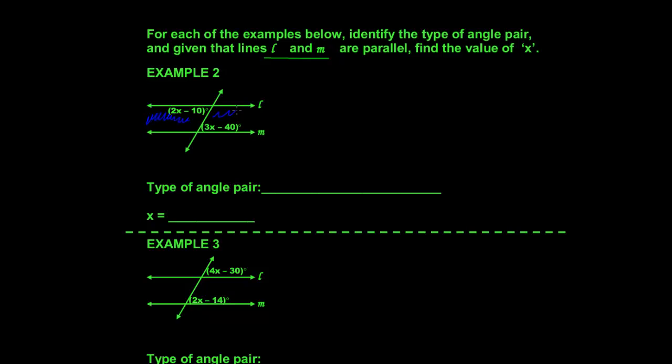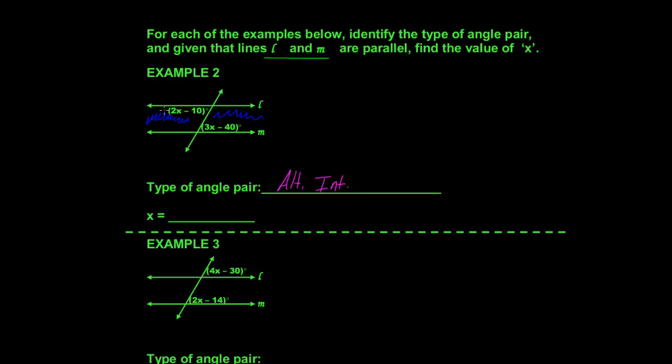Here's my interiors. So they're not on the same side, but they are both interior type of angle pair. We have alternate interior. Now, what do we know about our alternate interiors? They are congruent. If they're congruent, they are equal to each other. If two things are equal to each other, I'm going to write it down up here.